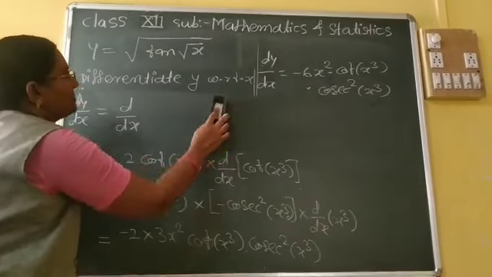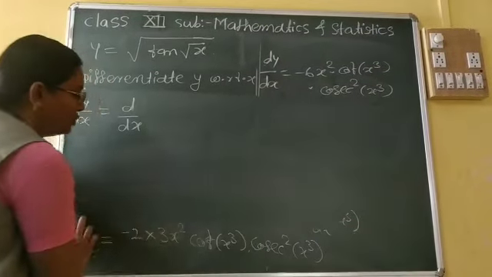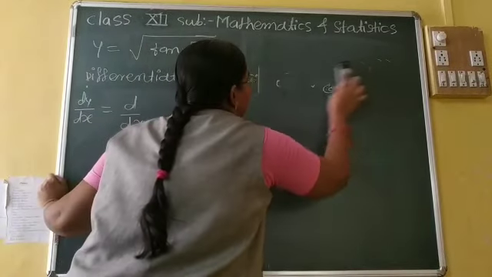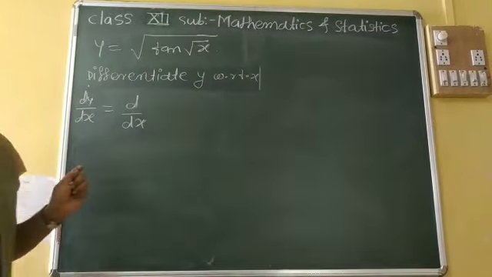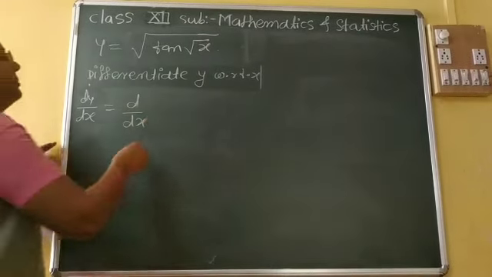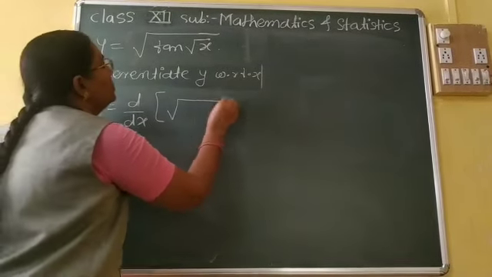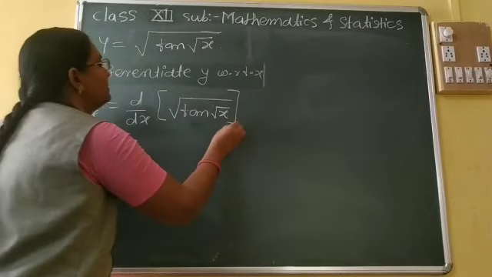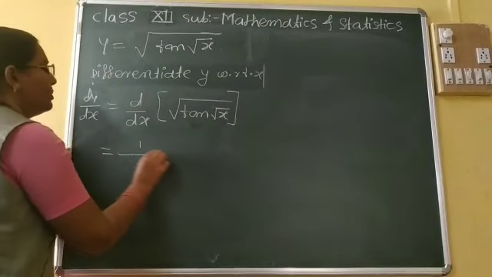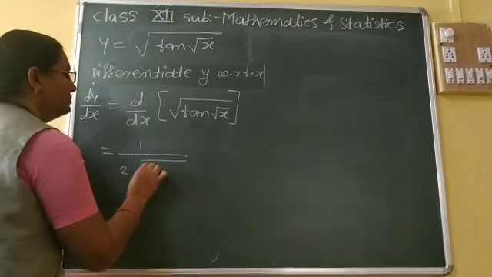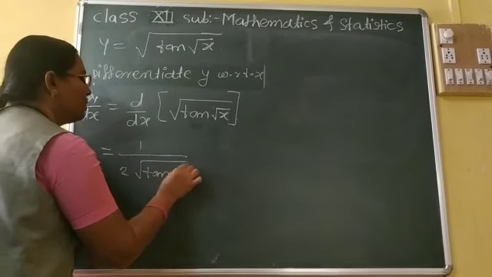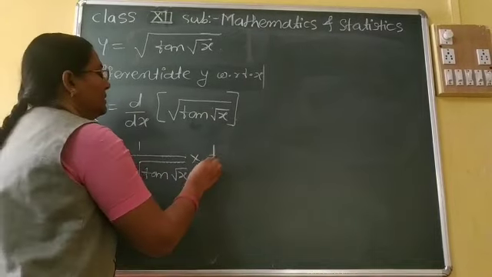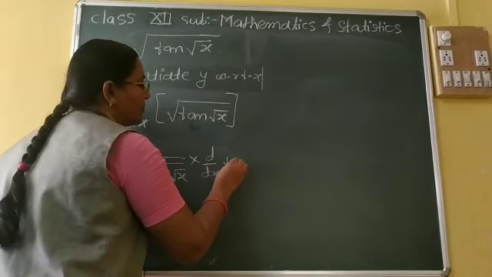Differentiating this, we get dy by dx is equal to derivative of root of tan of root of x, that is equal to 1 upon 2 root of tan of root of x, and multiply with the derivative of tan of root of x.